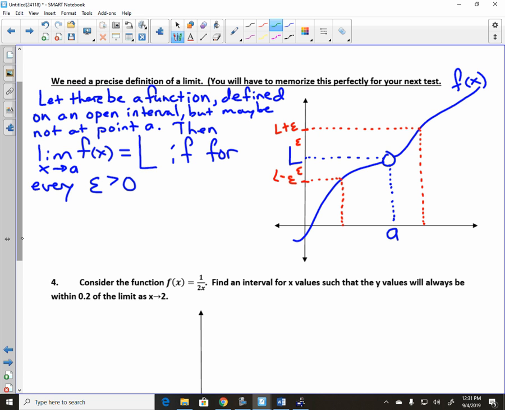If for every epsilon greater than 0, there is a delta greater than 0. Epsilon is the distance from the limit. Delta is the distance from A. This is A plus delta. This is A minus delta.